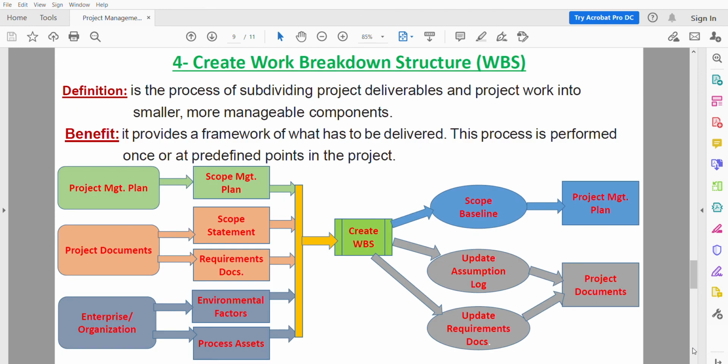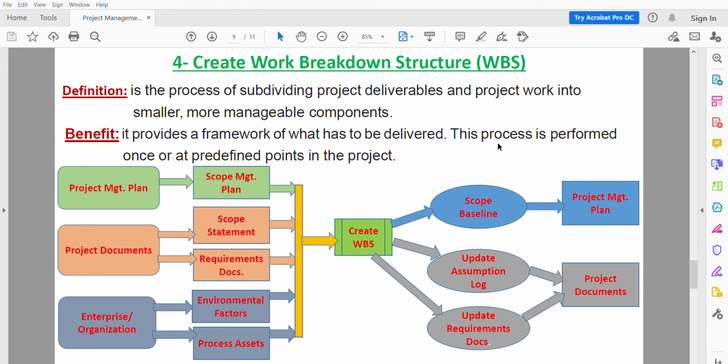The fourth process is Create Work Breakdown Structure, which is the WBS. The definition of this process: Create WBS is the process of subdividing project deliverables and project work into smaller, more manageable components. So the scope of the project may contain major milestones.